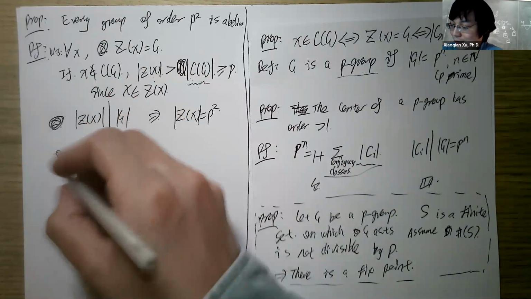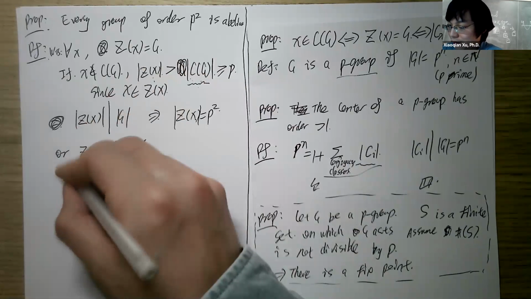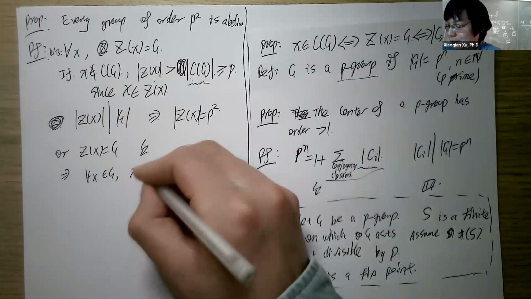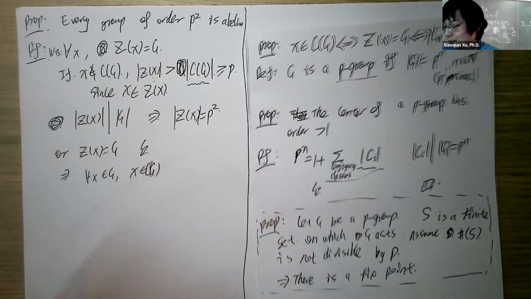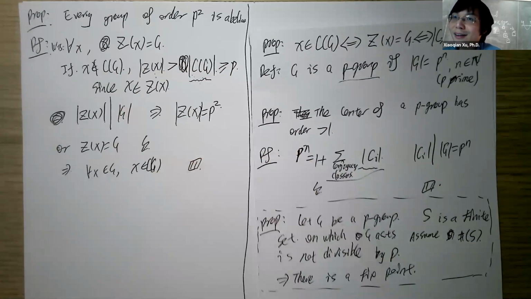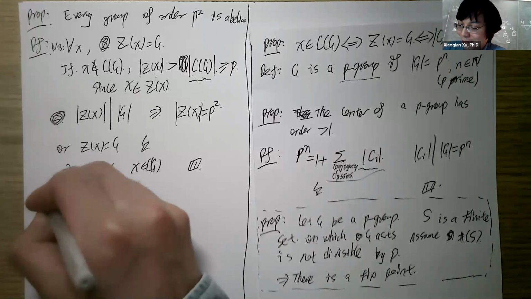So any x in G is in the center of G. So every group of order P squared, no matter what P, is abelian. Any question?